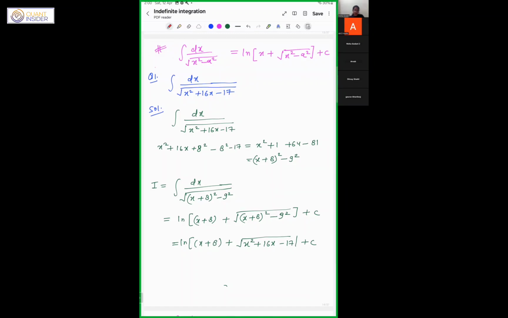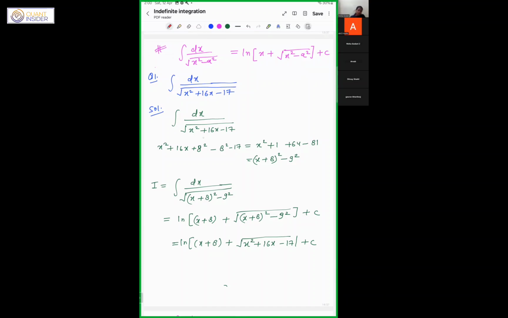You have integration of 1 upon under root x square minus a square. So you must have a function of this form, x square minus a square, but you have this polynomial of degree 2, x square plus 16x minus 17, in the denominator inside the under root.